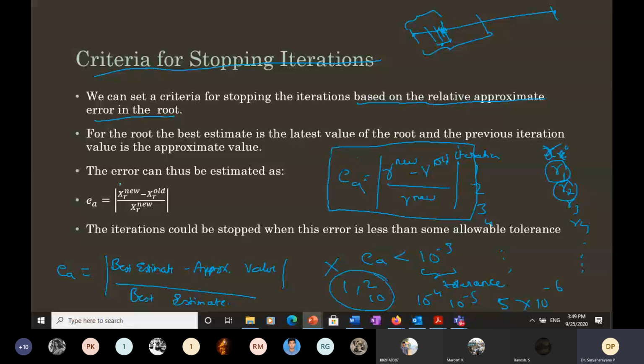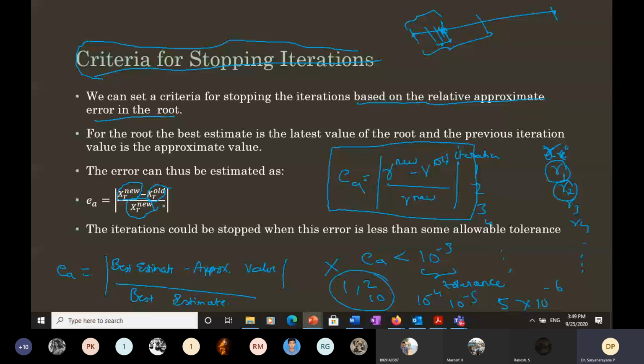Anyway, I think we have to decide when to stop the iterations. Now we have to have a criterion for stopping the iteration. I told you that we will use the approximate error: the new value of the root minus old value of the root divided by the new value of the root.